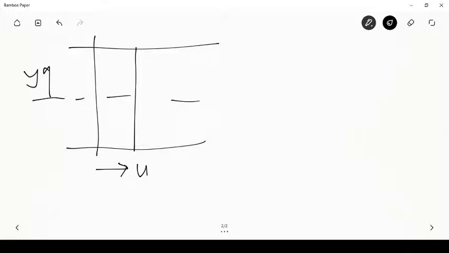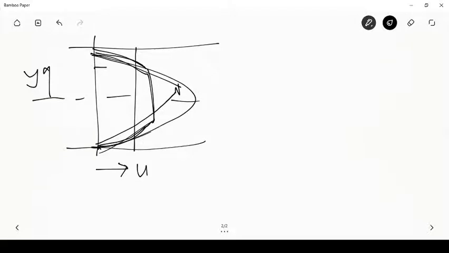At a certain distance into the plate it would have gone something like this and flat, and a certain distance further away it would have gone this and flat, and then eventually you will get a parabolic velocity profile.